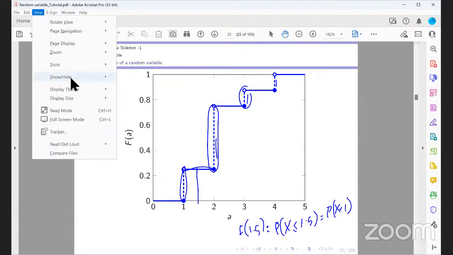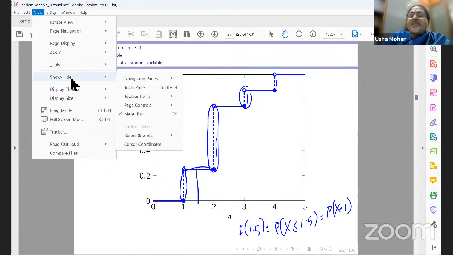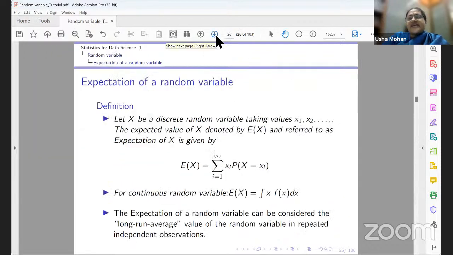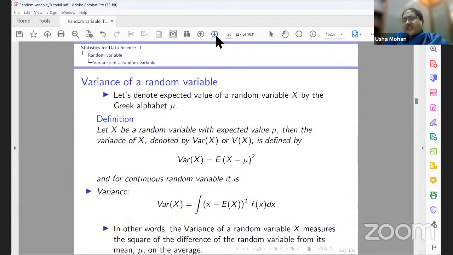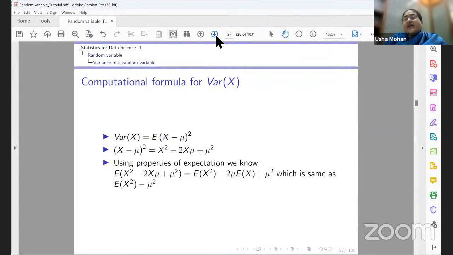Right. So now I'm just going to skip over this expectation. I'll just tell you the definition of expectation. The expectation is the sum of xi times the probability x equals xi, and variance is the sum of xi minus mu whole square times the probability of xi.